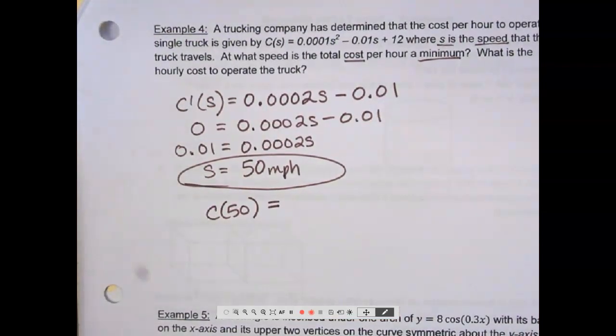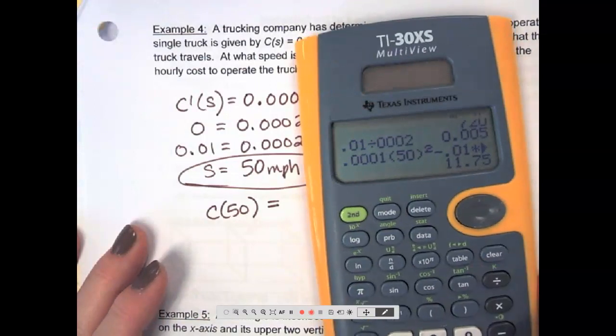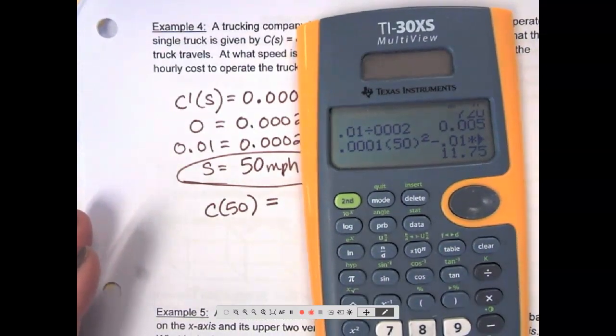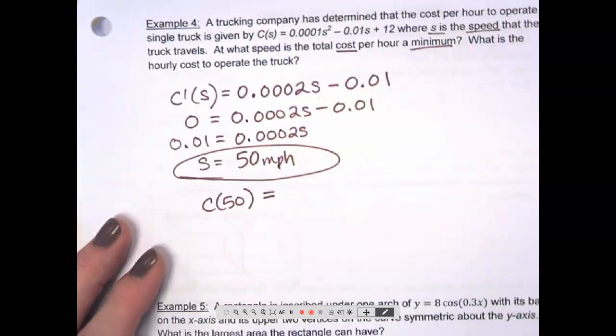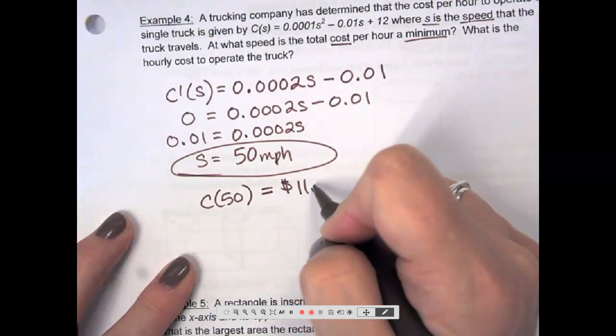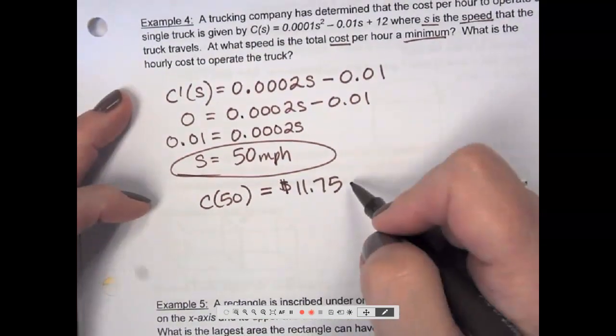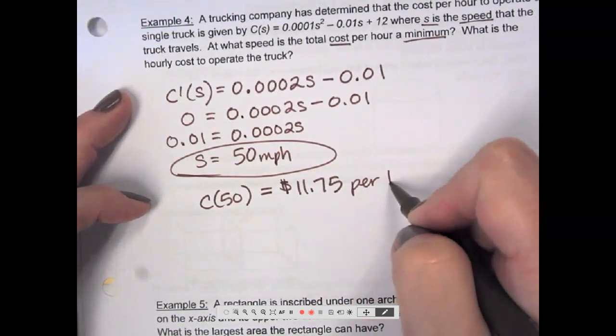I got 11.75. Anybody else? I got 11.75. Okay. So that's cost, so it would be dollars per hour, because it's the hourly cost.